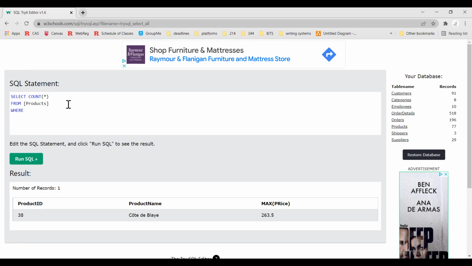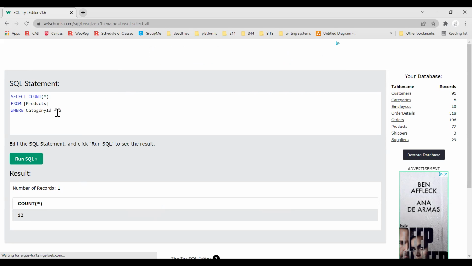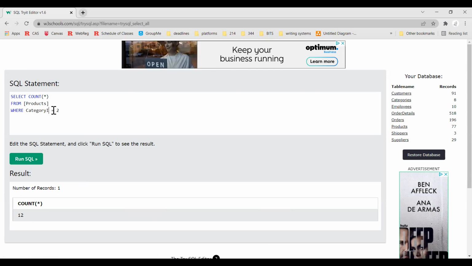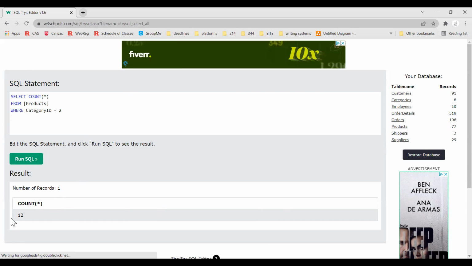Find everything that's in category 2, for example. Somehow I didn't capitalize this right. So there are 12 things that are in category 2 in this table.